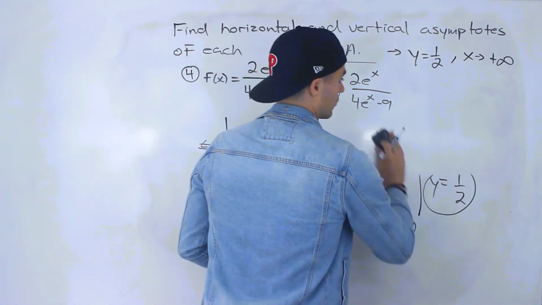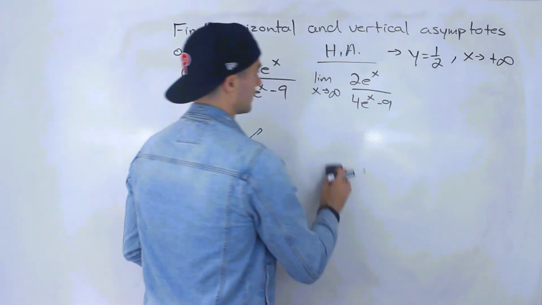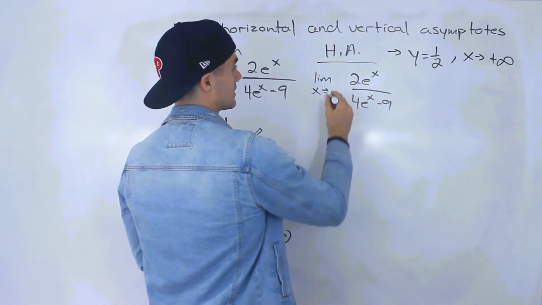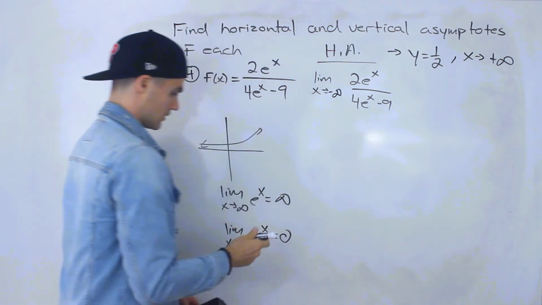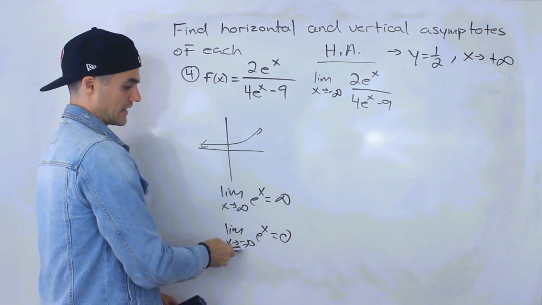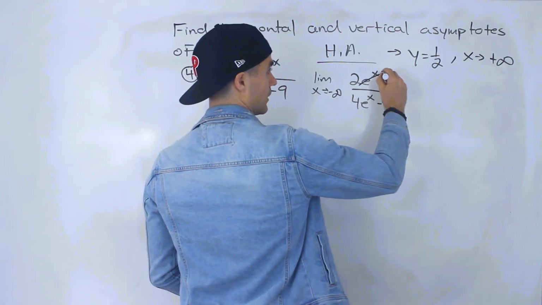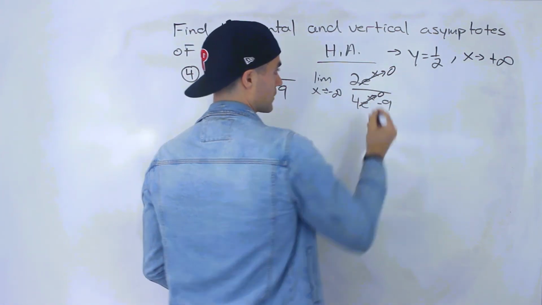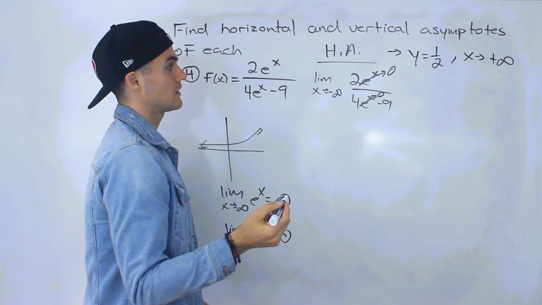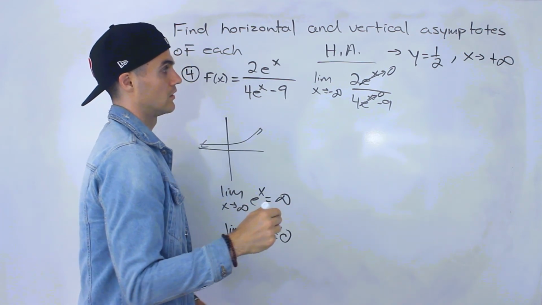What's it going to be when we approach negative infinity? So let's change this limit here to negative infinity. Well, the limit as x approaches negative infinity of e to the x is just 0. So we can plug in 0 here, we can plug in 0 here. We don't have to do any further work.